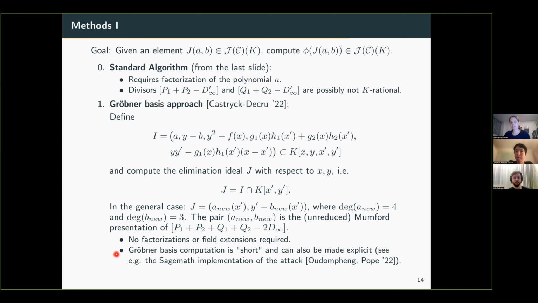For example, there's also a SIDH implementation of the attack, and I believe that in SIDH, the Gröbner basis computations took too much time, so they actually managed to avoid the computations by doing them by hand or more explicitly.